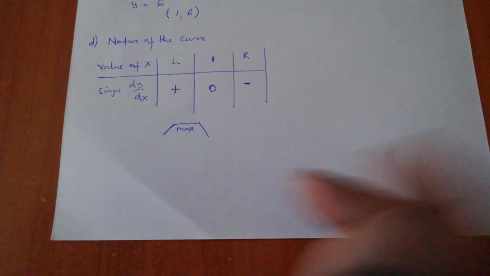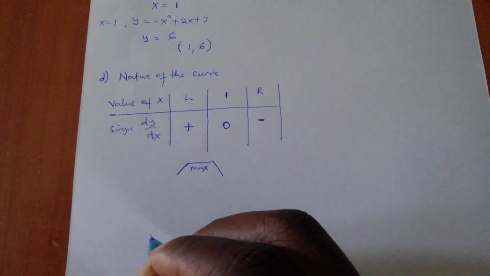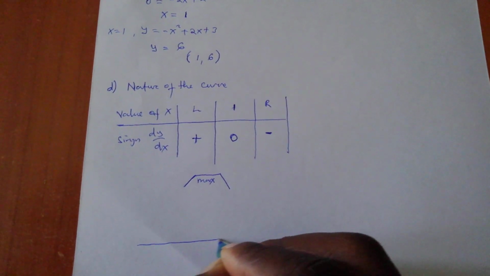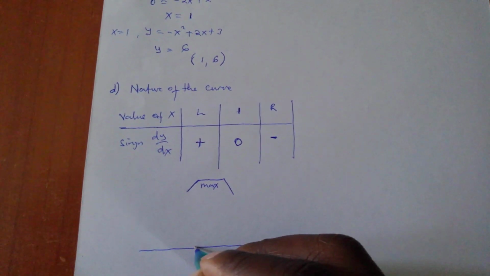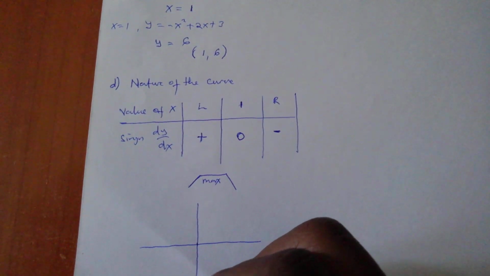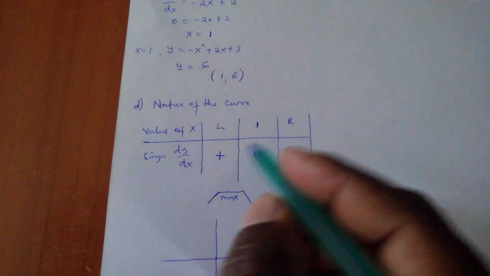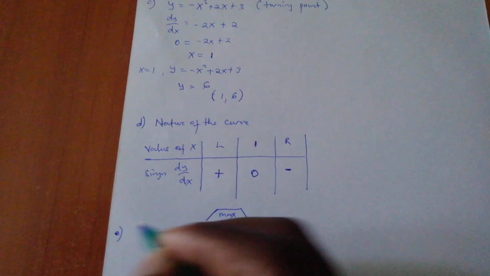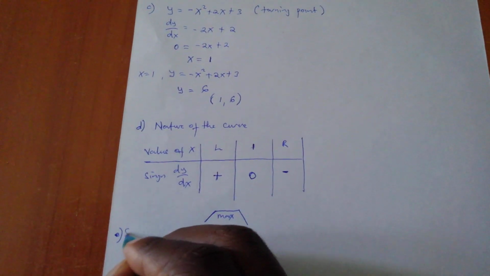Let me use this space, I think it will be enough. Supposing I have a number line, just a simple one, and this is my 0 mark. I'll call this part E, sketching.